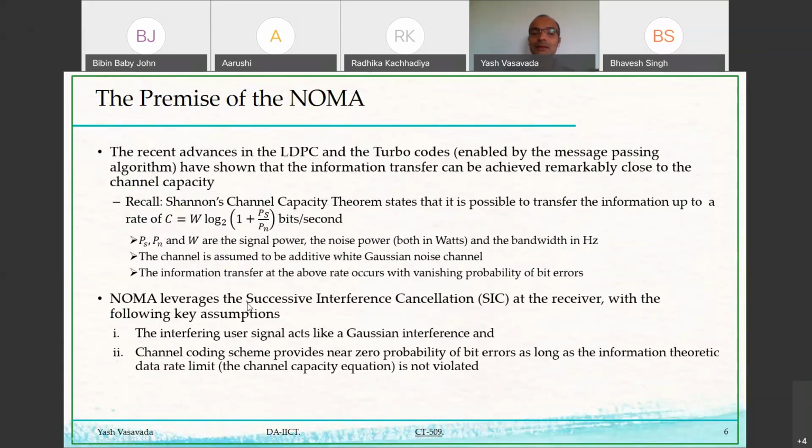You know today, based on your MATLAB simulator, that the SIC works very well, provided that in that successive interference cancellation, it has been able to decode the earlier user signals in an error-free manner. Right? If the decoding of the earlier users is error-free, then SIC can completely eliminate the interference from those users.